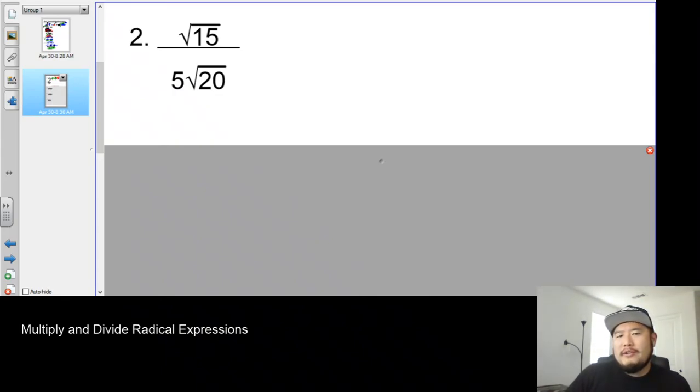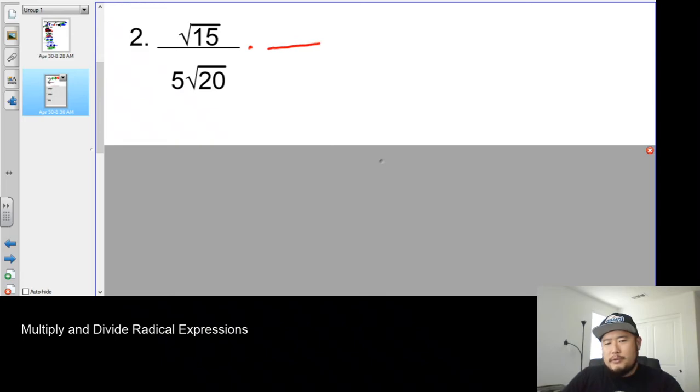Another thing that we could do right here is take our denominator and think, is there a number I could multiply the radical by where it becomes a perfect square? If I take rad 20 and multiply it by some other radical, can I get a perfect squared factor? I'll let you think about that.